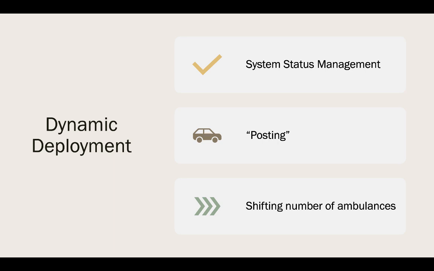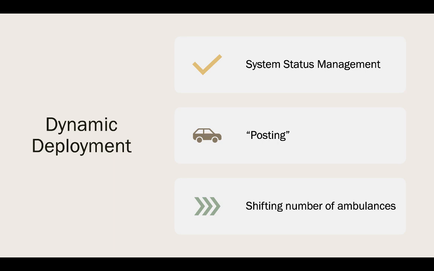So we'll set them up on a street corner or in a parking lot. Sometimes these posting locations are co-located with fire departments or even owned by the EMS agency itself, but there's no fixed station to return to, and no fixed zone of coverage to go back to after you receive a call.